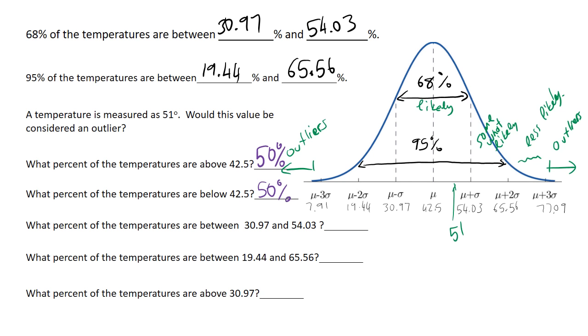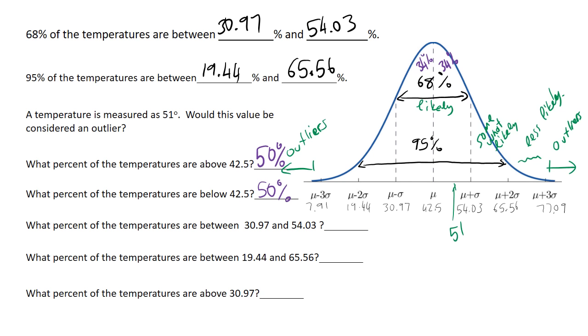Because the mean is dividing our graph into symmetrical parts, the 68% will be divided into two parts, 34 and 34. I can put 34% on this part and 34% on this part.